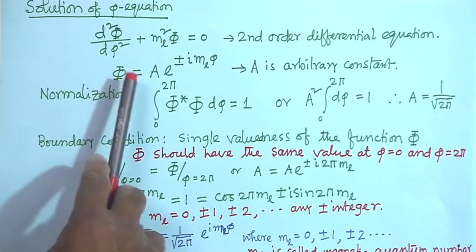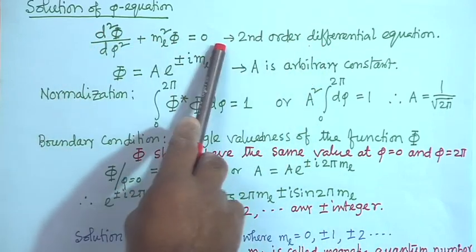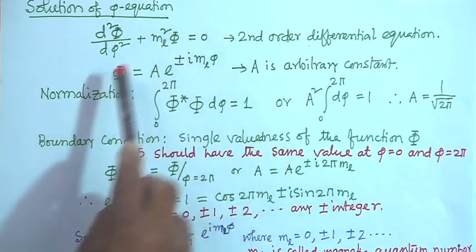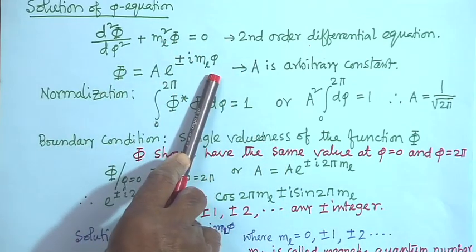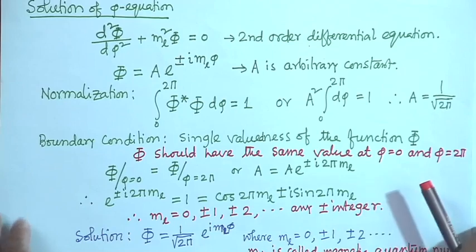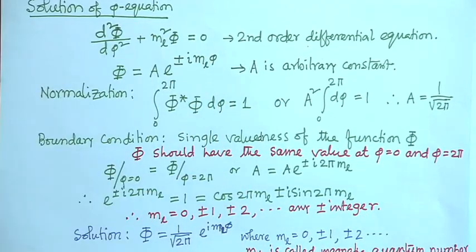So, for this second order differential equation, this is the standard form of its solution. Here A is an arbitrary constant. Now, this is the general function.